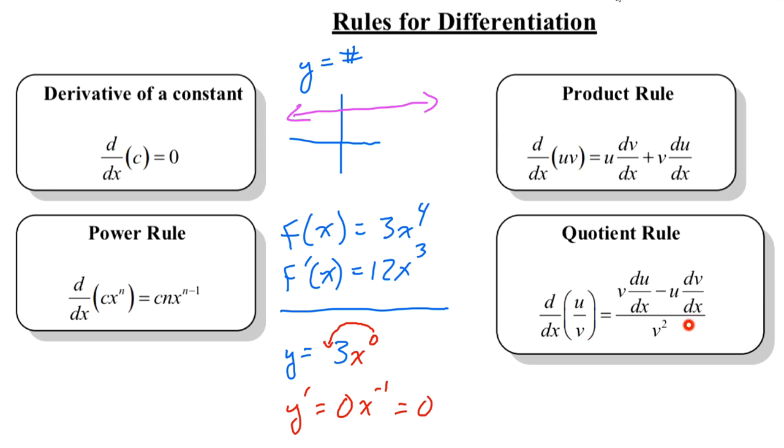You kind of have to memorize this, but don't memorize the letters, just memorize the saying. The saying is, it is the bottom times the derivative of the top minus the top times the derivative of the bottom, over the bottom squared. So it always starts with bottom times the derivative of the top, minus top times the derivative of the bottom, over bottom squared.